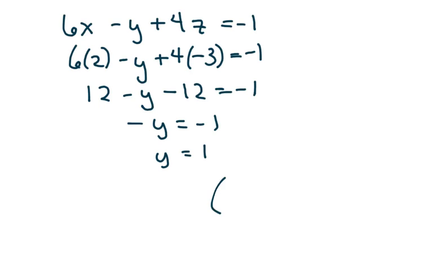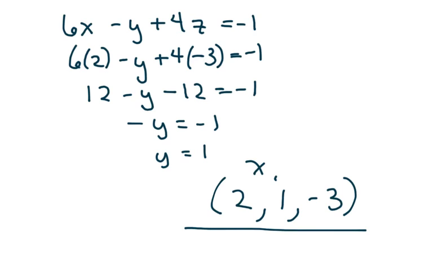So that means our solution is going to be (2, 1, negative 3). It's called an ordered triple because that's x, y, and z. Remember, when you do parentheses, that means it's ordered.